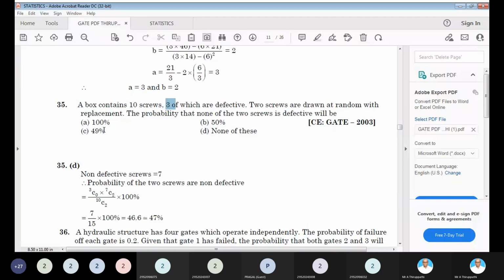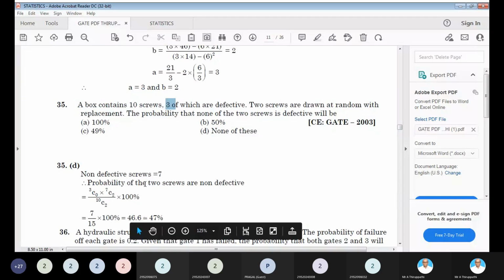The probability that none of the 2 screws is defective. So 2 are selected and none of them is defective, so total non-defective is 7. Defective is equal to 3, non-defective is equal to 7.